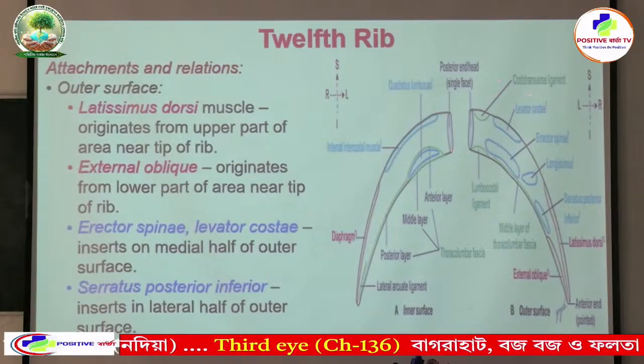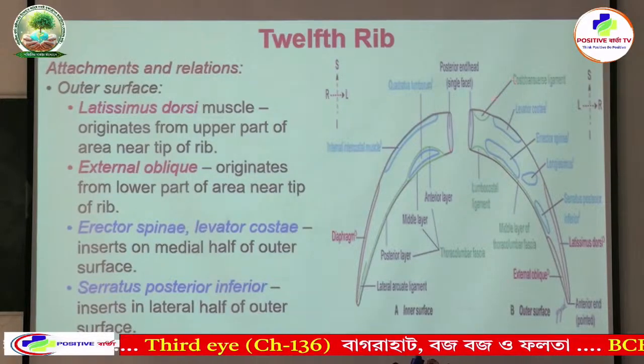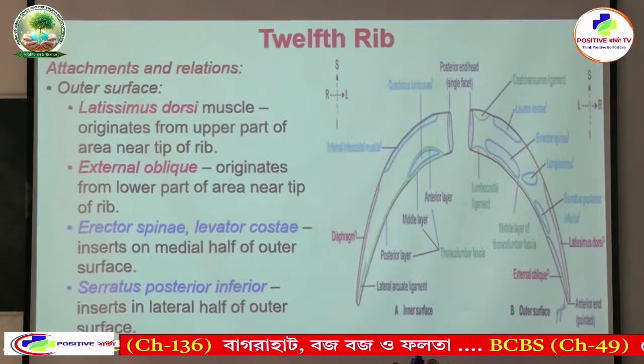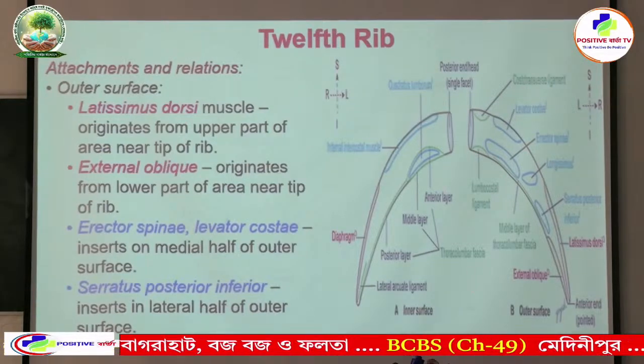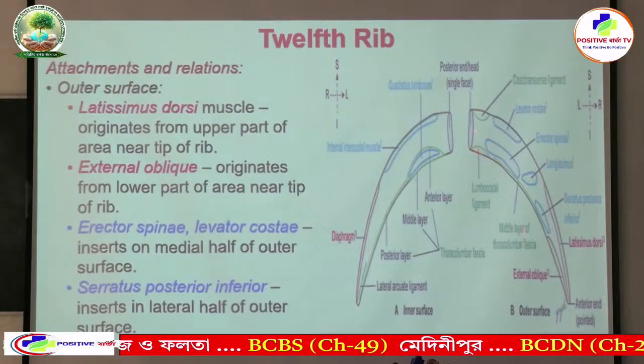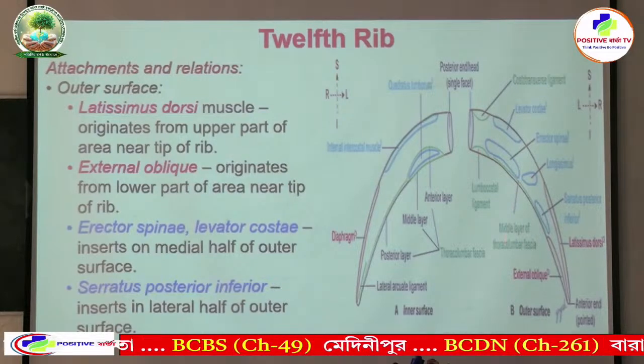Okay, and these are the attachment of costotransverse ligament, and here is lumbocostal ligament. So these are the attachments of this outer surface, and also there is attachment of middle layer of the thoracolumbar fascia.